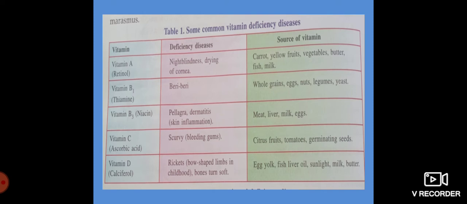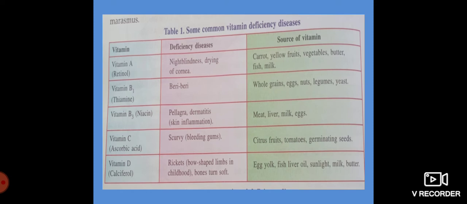Vitamin C, or ascorbic acid, causes scurvy or bleeding gum. And vitamin D, also called calciferol, causes rickets.